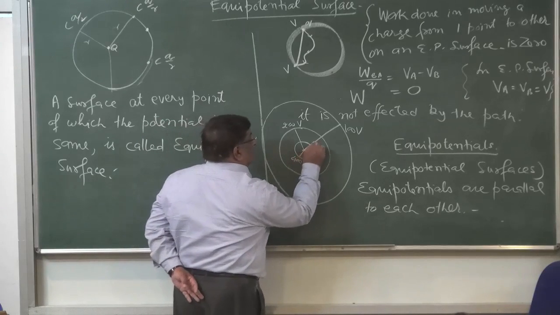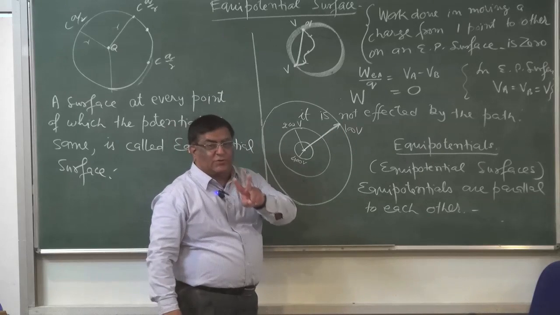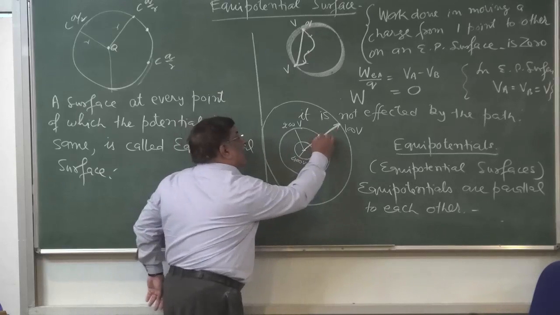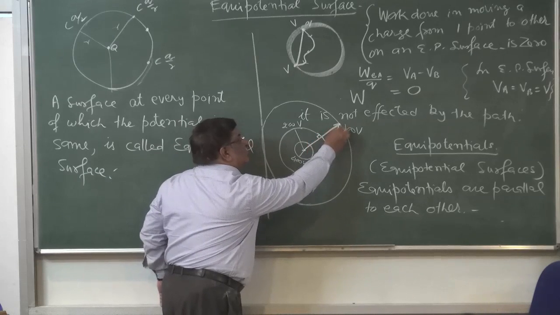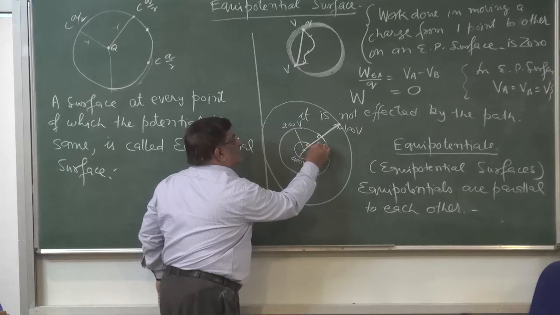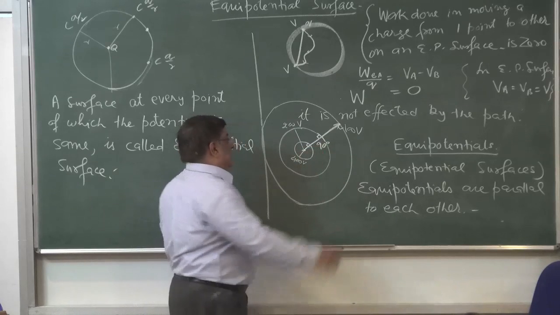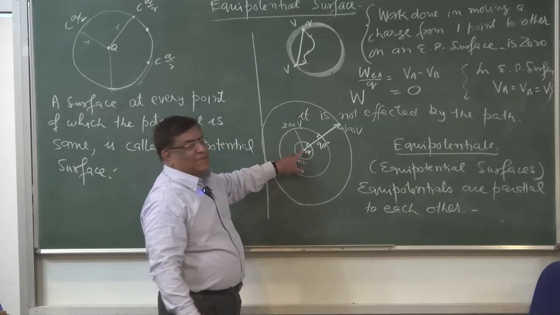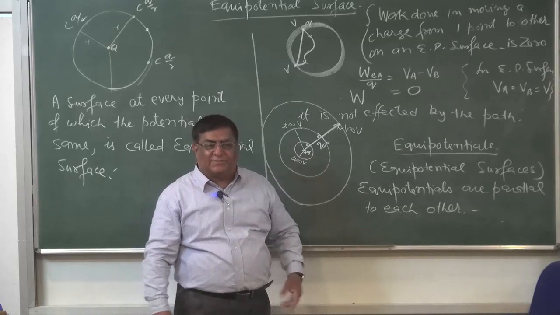Okay, now another thing. This radius has two indications. Number one, because it is a radius and this is a surface, what is the angle between them? Correct? At right angle. Another thing, here the positive charge or the source charge is placed. What is the direction of the electric field radiated by a point charge?